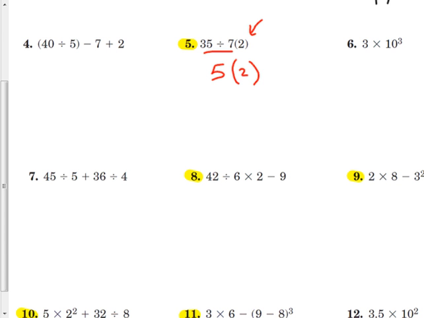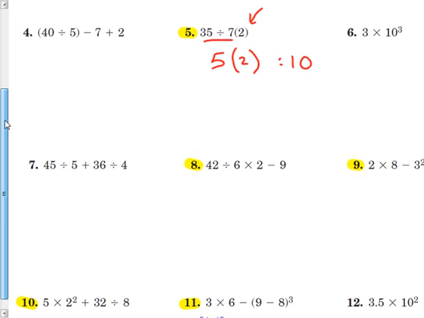Remember, parentheses, now that we're in middle school math, can also mean times. So I have 5 times 2 equals 10. And I throw that problem in there not to confuse you, but just as an example of where parentheses means times, not do this first. If there were a problem written inside the parentheses, then you'd have to go back to your original, do what's in the parentheses first.